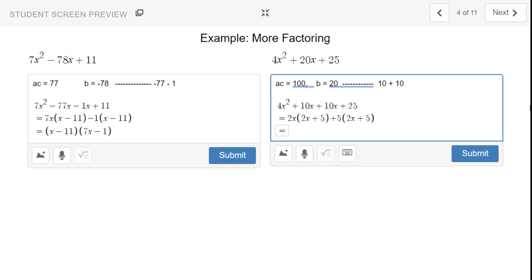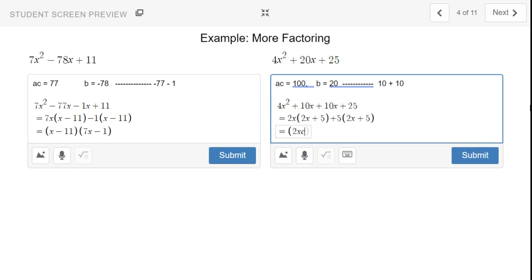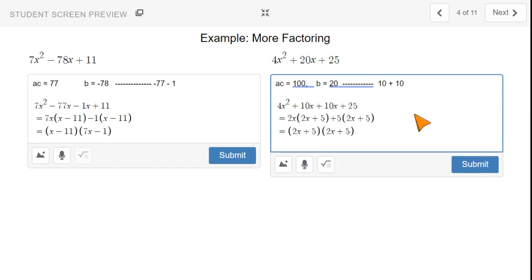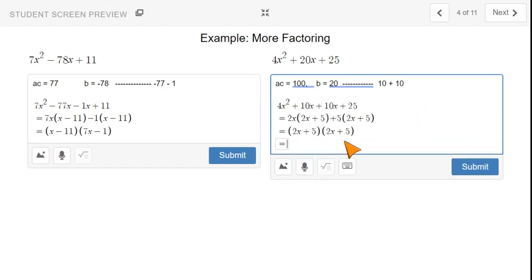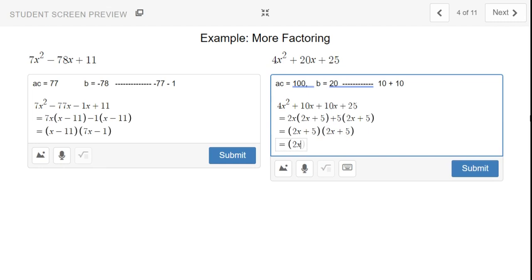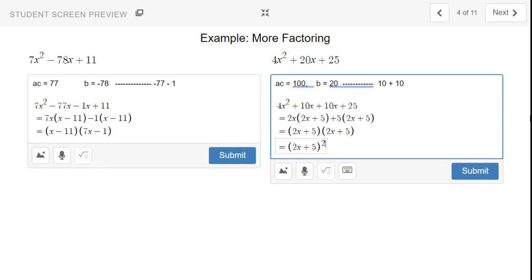Now factor out our common term, 2x plus 5. Both of these are multiplied together. They're the same thing. So this is a perfect square binomial. We can rewrite it as a perfect square.